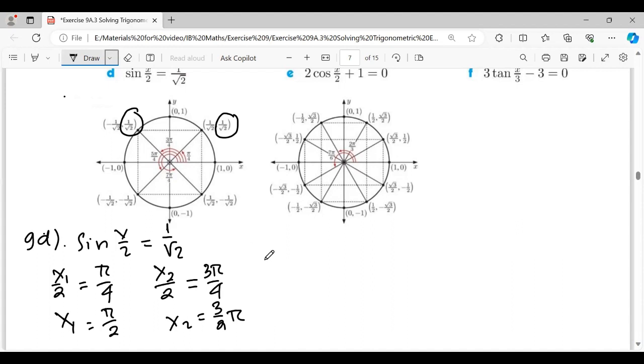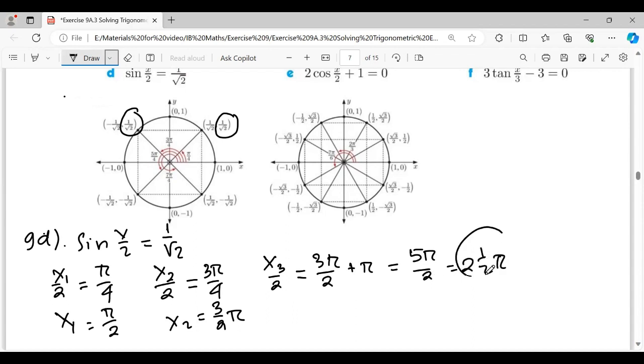And x3, 3 pi over 2 plus pi, it will be 2 times 5 pi over, which is over 2 pi.